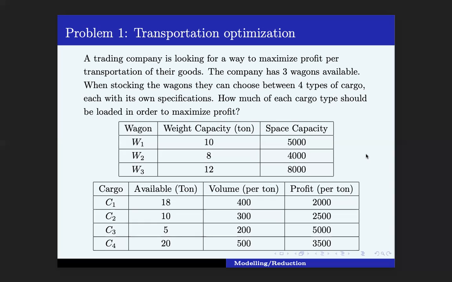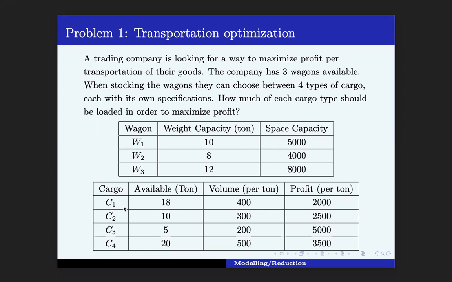Of course, you cannot load a total weight of all the cargoes going into W1 that is more than 10 tons. Similarly, the total weight of the various cargoes that go into wagon 2 cannot be more than 8 tons, and so on. In the same way, some cargo takes a lot of space and some cargo less space.